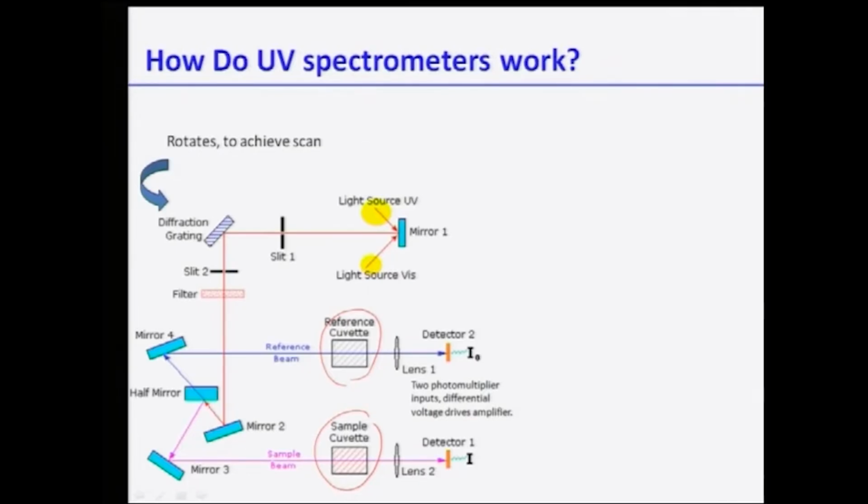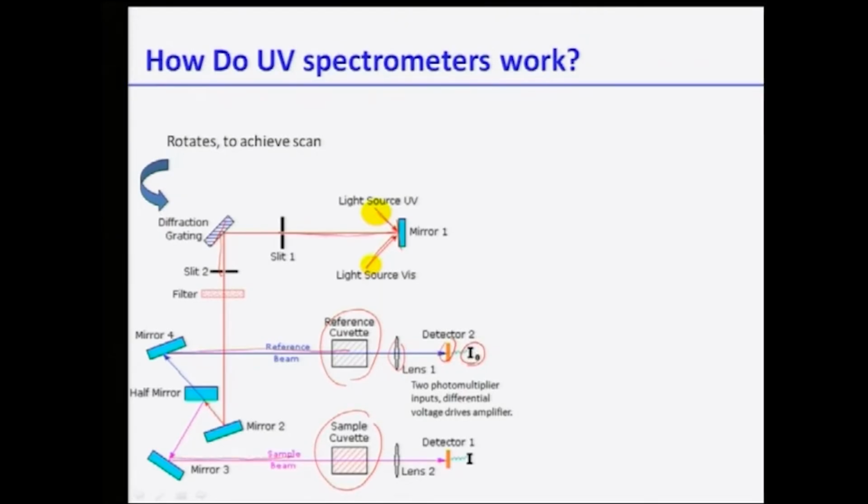You have a light source, which can be UV or visible, and then it falls on a mirror, passes through a slit and then falls on a diffraction grating, and passes to another slit. It can be filtered also, because you want to use exactly the wavelength required. Then one beam goes to the reference, is focused by lens 1 onto a detector, and the intensity is recorded.